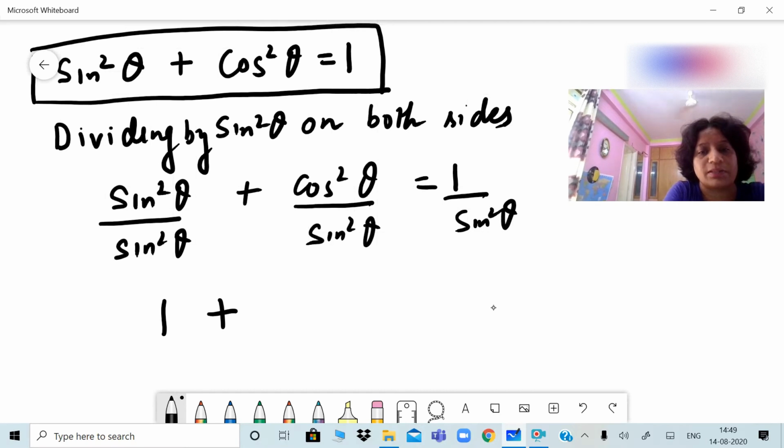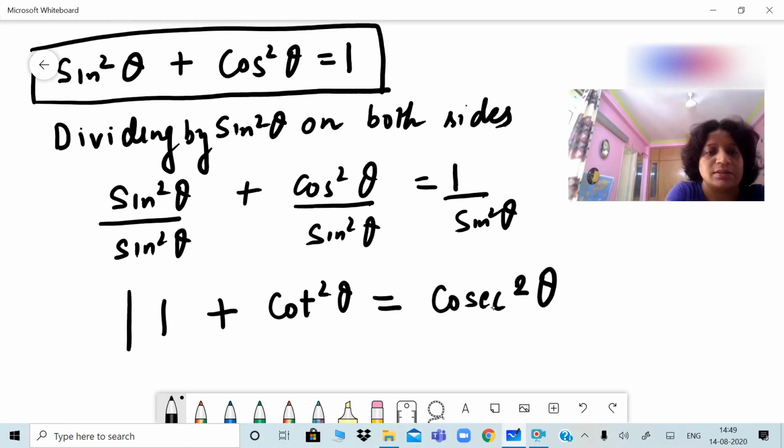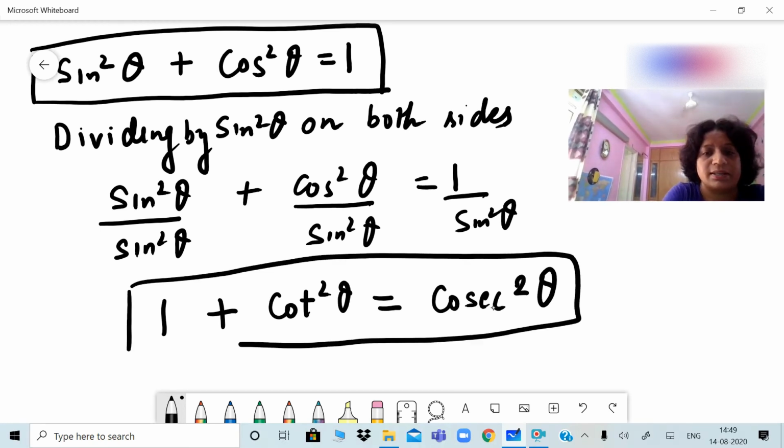Cos square theta upon sine square theta is cot square theta. And 1 upon sine square theta is cosecant square theta. So we have made the second identity.